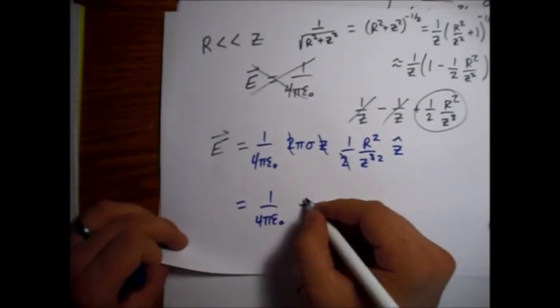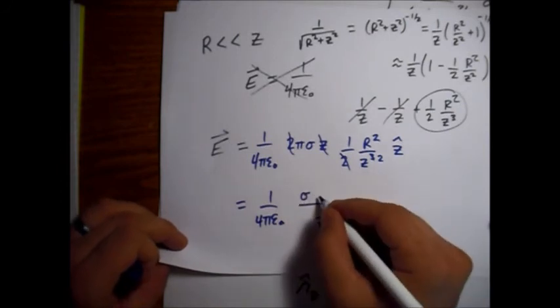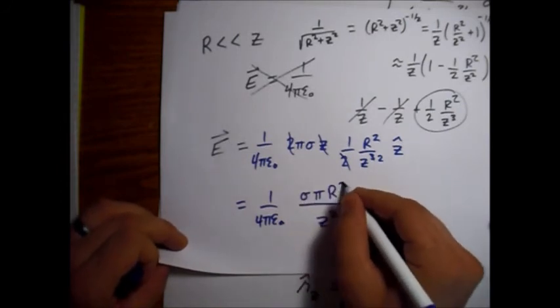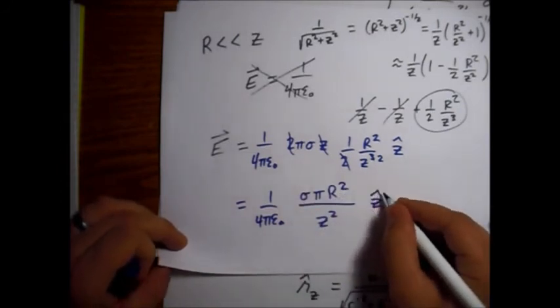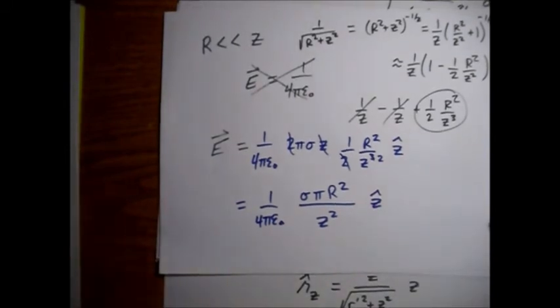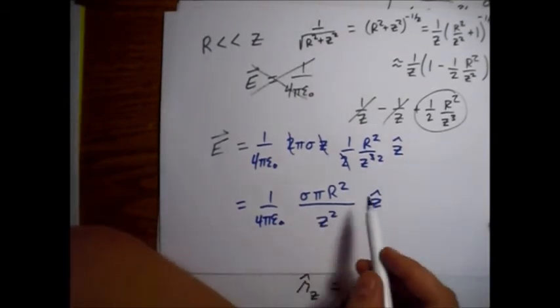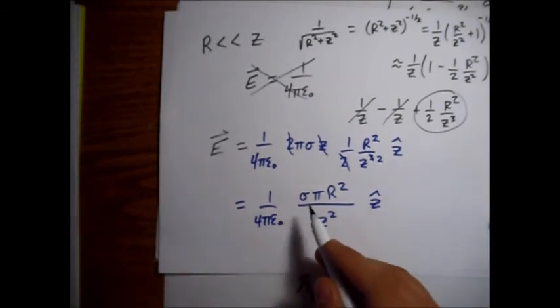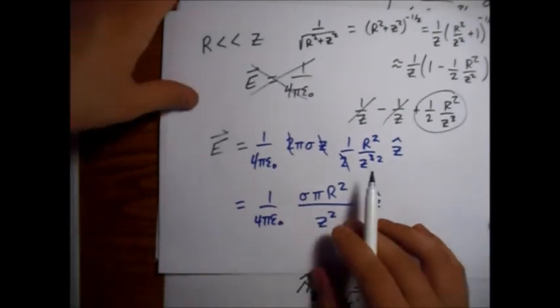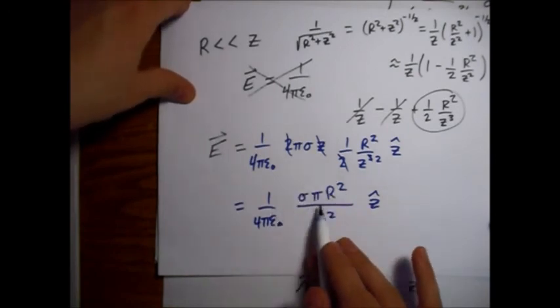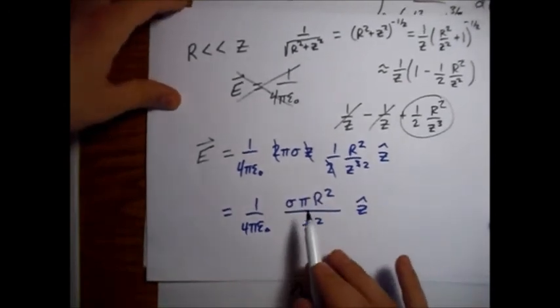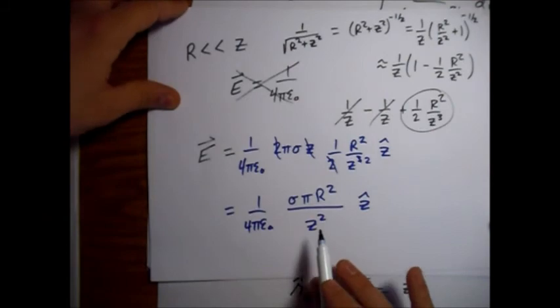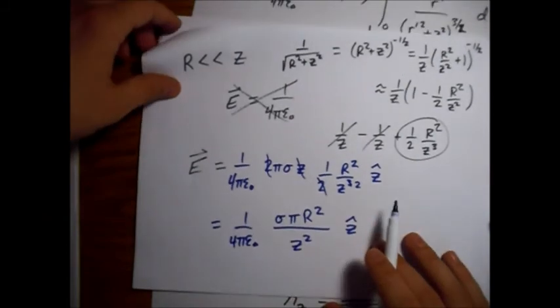And then we get a sigma pi big R squared, and all in the z hat direction. So we did recover the point charge, because pi r squared is the area of our circle, and sigma is the area charge density. So this is the total charge of our disk. So total charge, we get our 1 over z squared dependence on the bottom.